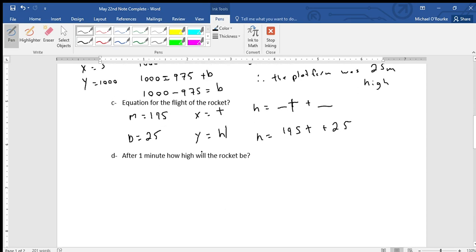Then lastly, it's going to ask us, after 1 minute, how high it will be. Key here, 1 minute is 60 seconds. So this is our time. So let's find our height. Height equals 195 times 60 plus 25.